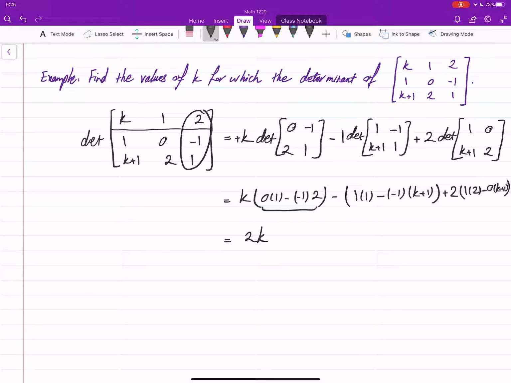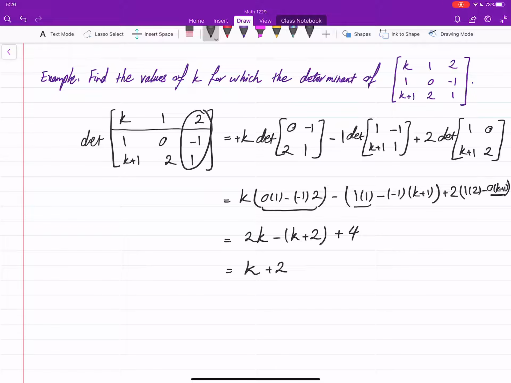Here we have 1, this is also 1, so we get minus k plus 2. And the last one, 2 times 2 is 4. All together it gives us 2k minus k is k, and this is minus 2 plus 4, which is plus 2.